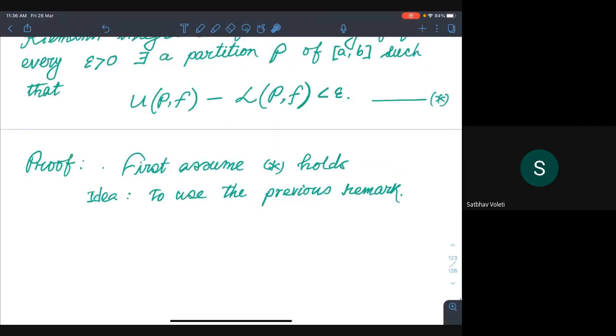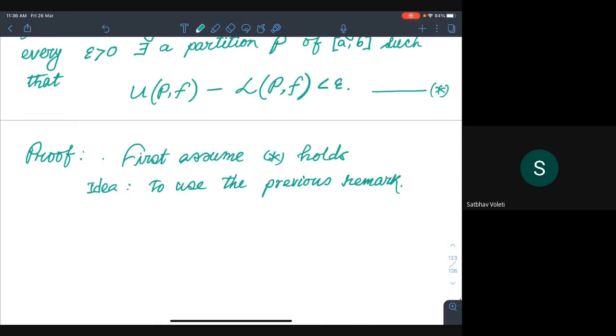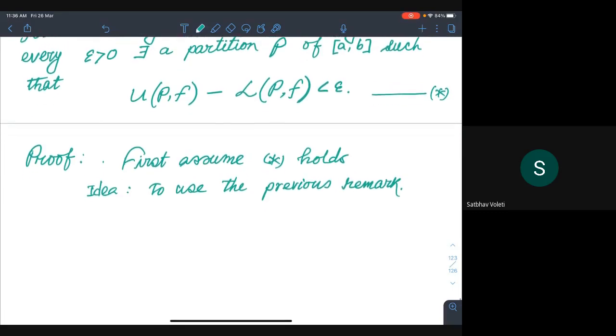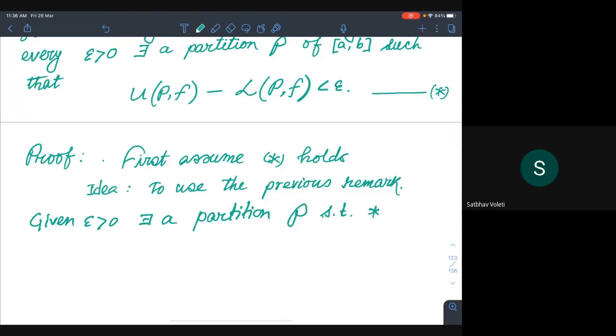So first assume this one holds for a partition. So what does it mean? Given epsilon greater than 0, there exists a partition P such that star holds.